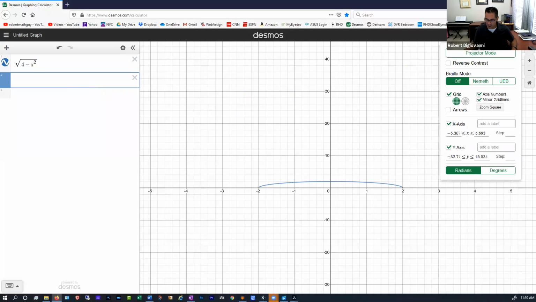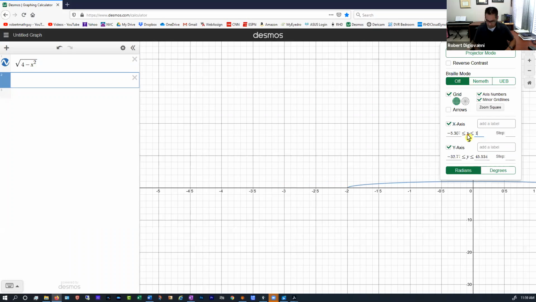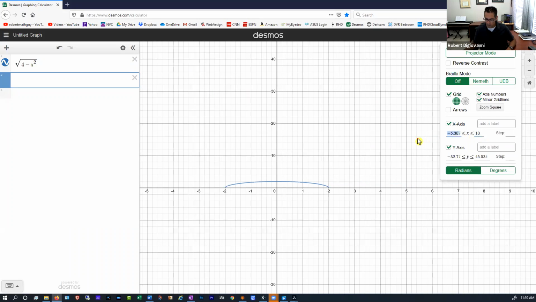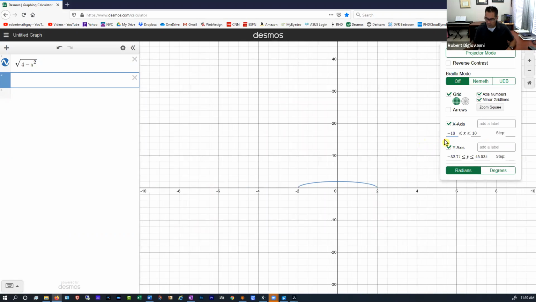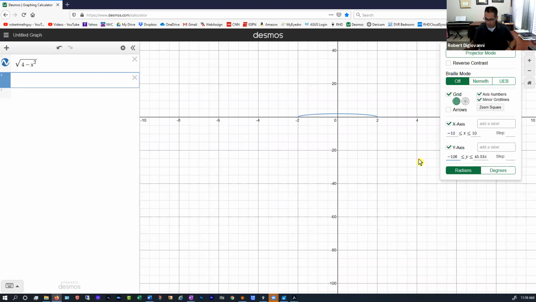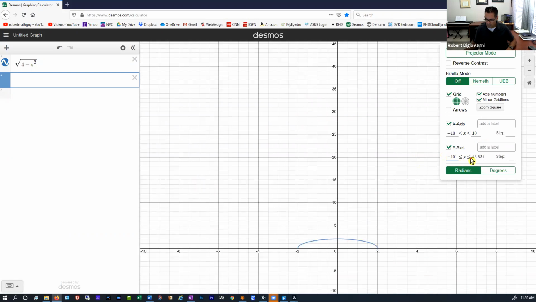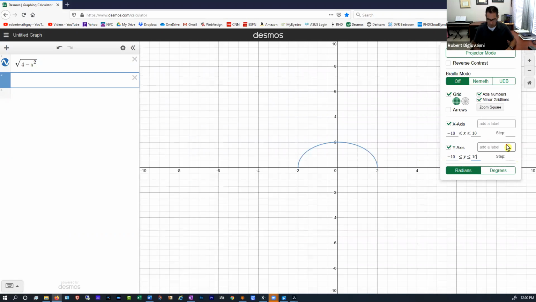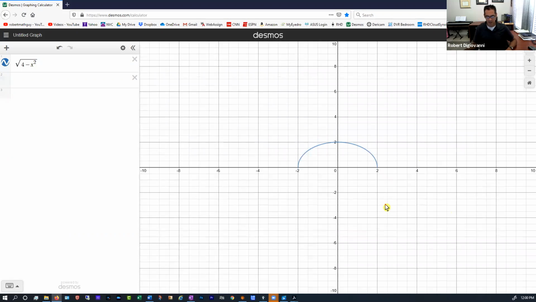Now, my scale is messed up. There's not an easy way to make this turn into a square. Boy, that doesn't look like a circle to me.